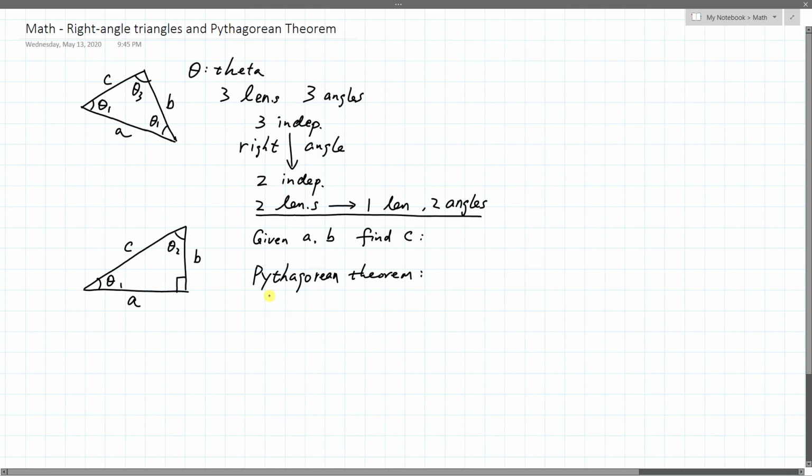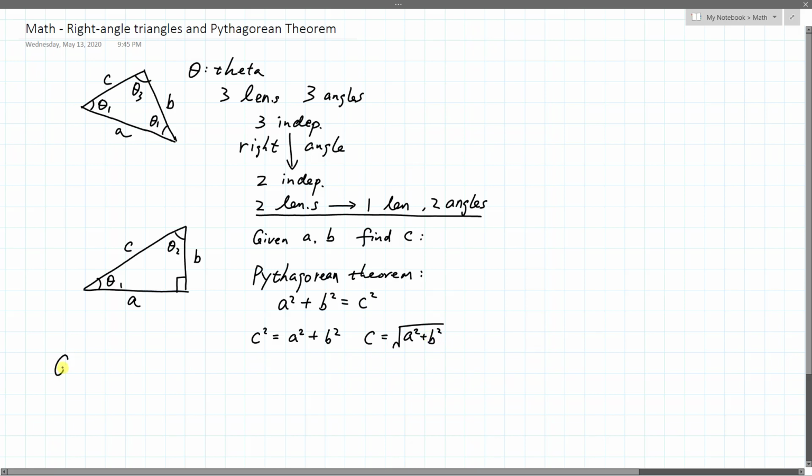Anyway, the adjacent and the opposite, each squared, sum to the hypotenuse squared. That is the Pythagorean theorem. So if you have A and B, then C squared is equal to A squared plus B squared. If you take a square root on both sides of the equal sign, this is how you would determine C.